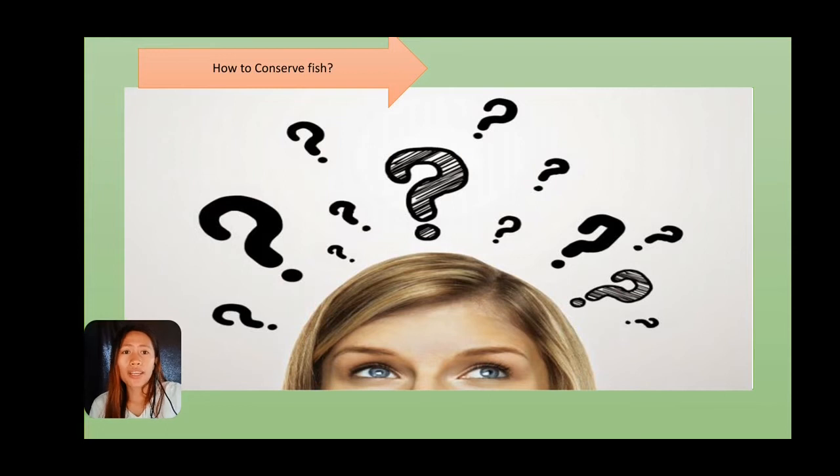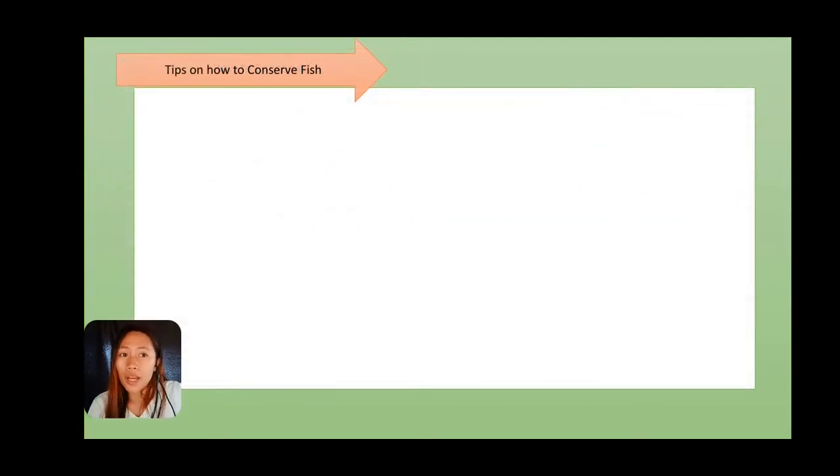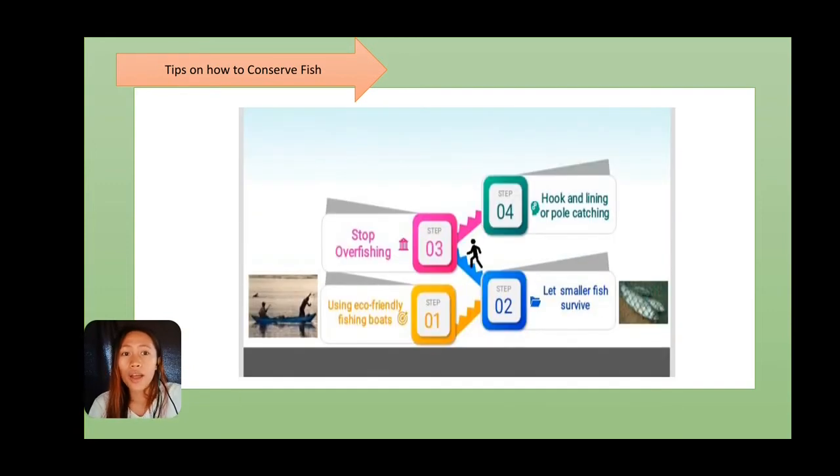So next one, how to conserve fish. How do we conserve fish? At this time, I will give you tips on how to conserve fish. The first one is using eco-friendly fishing boats.